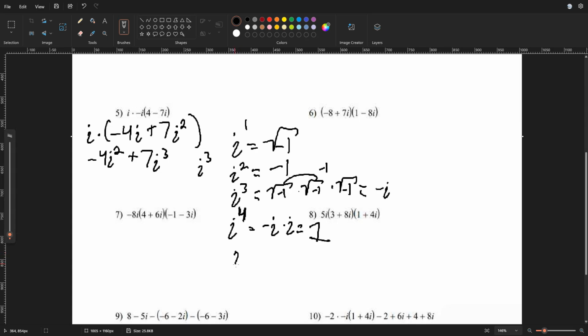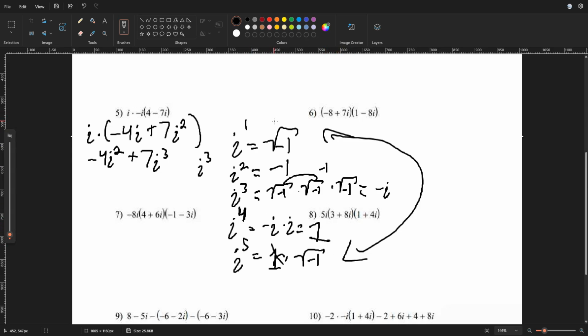And then this cycle repeats itself, because now we just have 1. So we have i to the 5th. It's just going to be 1 times square root of 1, and 1 can be omitted, because 1 times anything is the number itself. So now we notice that it kind of cycles through.